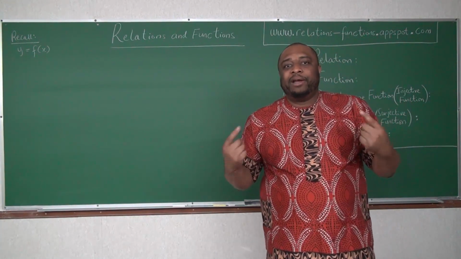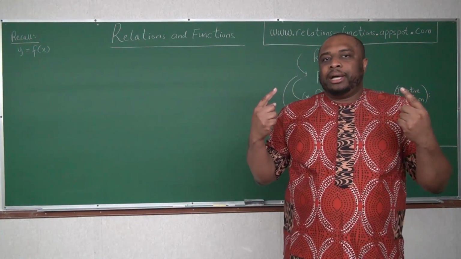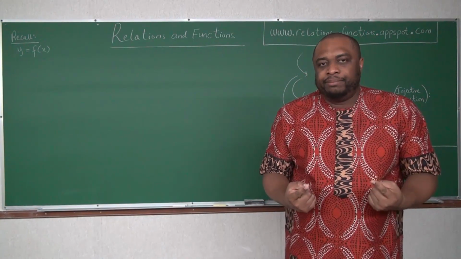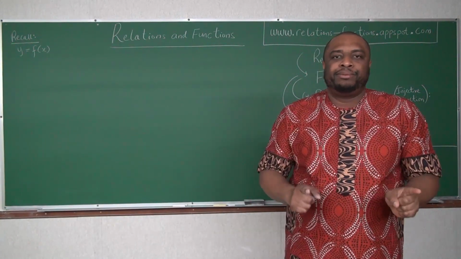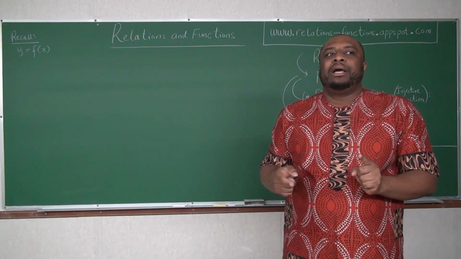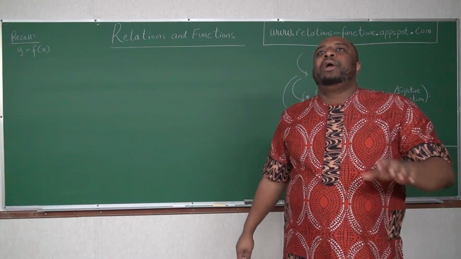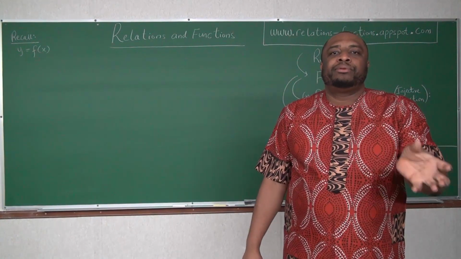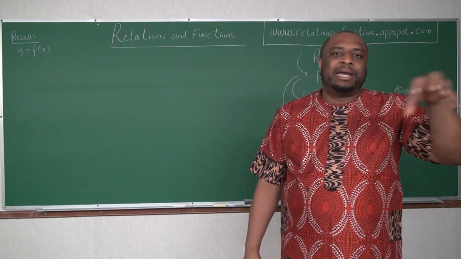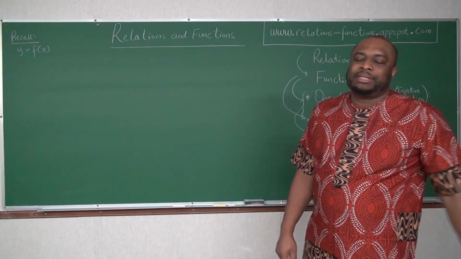That was how we define relation. For every input, there is an output. For each input, there is an output. There is at least an output. Let's define it that way. With a relation, for every input, there is at least an output. That is the correct term.